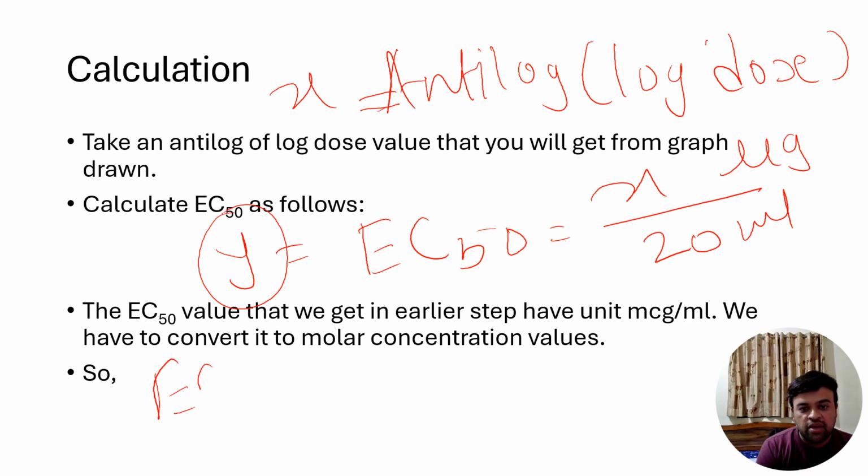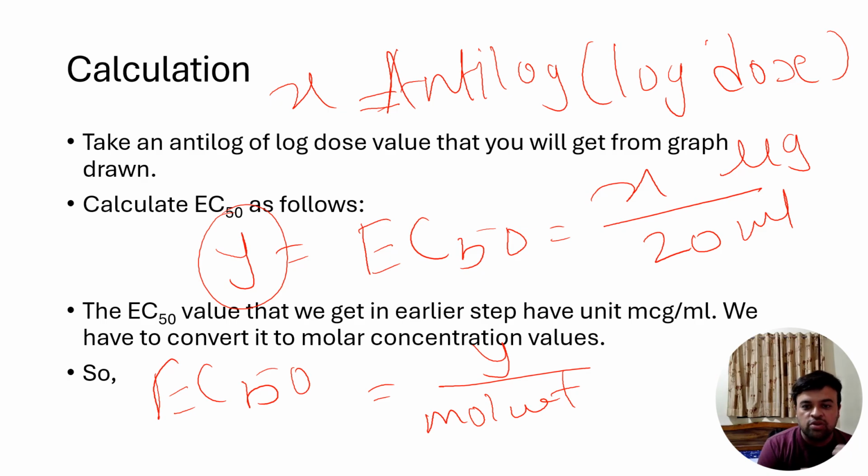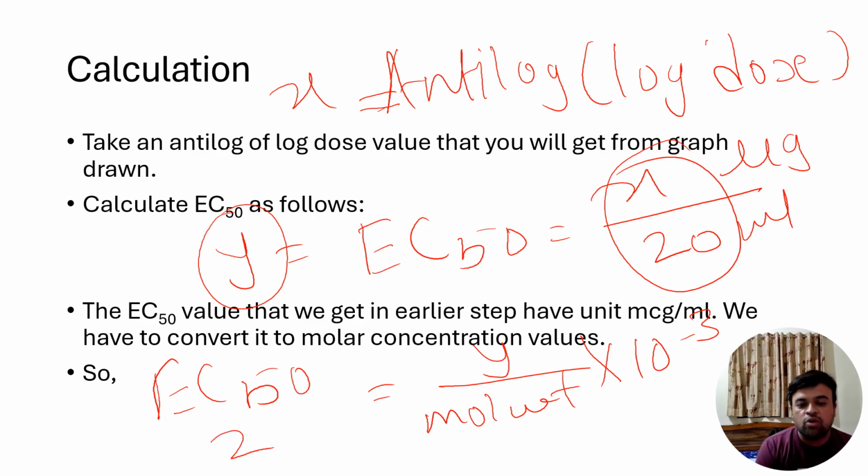EC50 in molar values is equal to y divided by the molecular weight. In the given data, the molecular weight of the agonist is also given. You have to divide this value by the molecular weight of the agonist and multiply it by 10 to the power minus 3. After you get the molar concentration value of the EC50, let's assume it is Z.